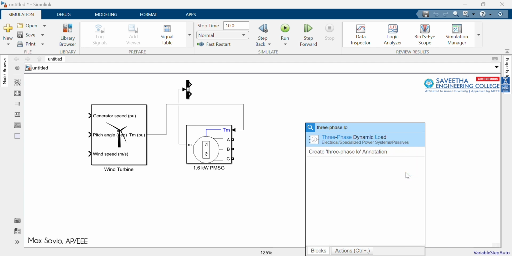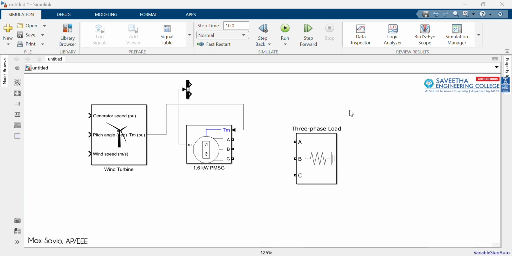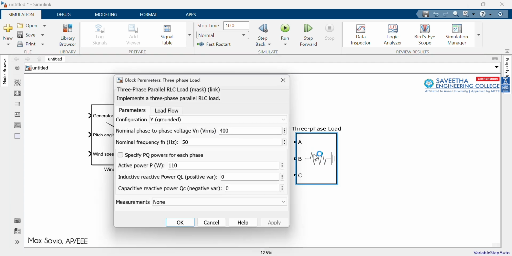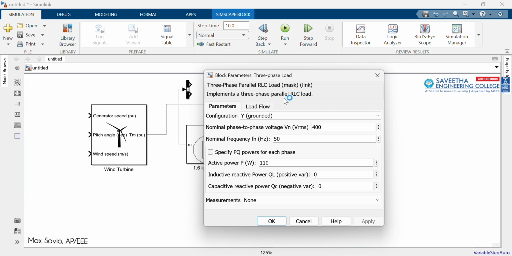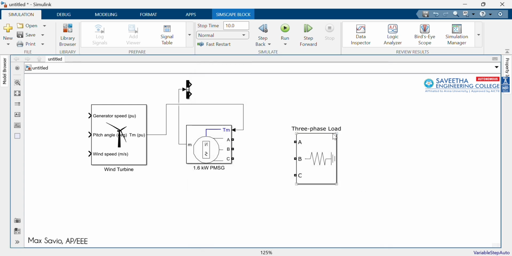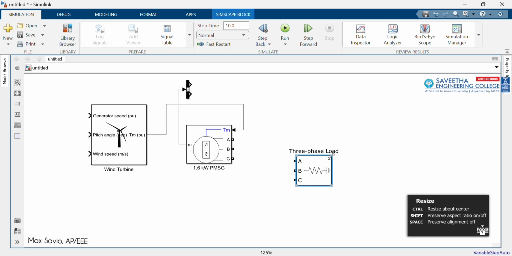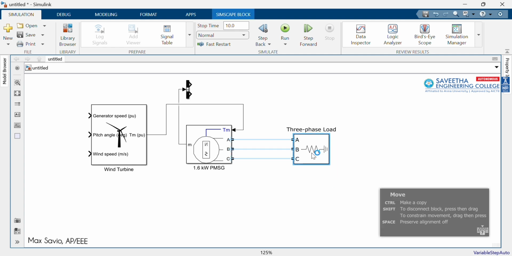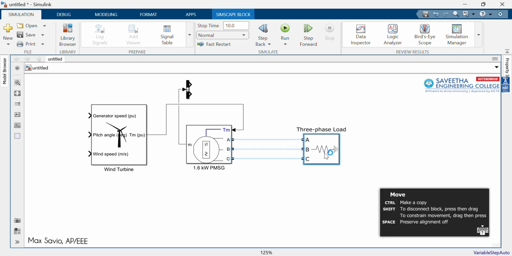This is the three-phase load, and we have to set the values related to our requirement. By default, I'm just fixing the output RMS voltage as 400. The frequency is 50. The active power is 110 watts. You can change it to different values as your requirement. We are not going to do any load test here, so I don't want to be more specific on the loads.